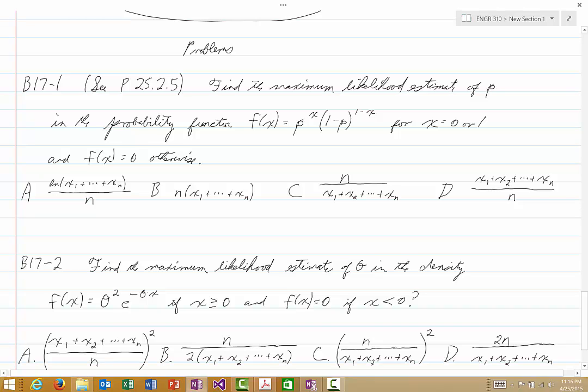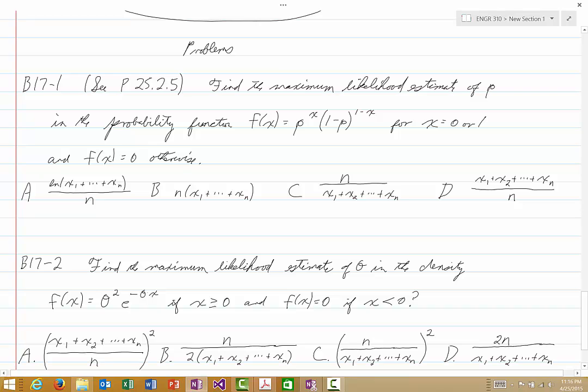Okay, so now we will look at problems for this section. The first one, B17-1, is very similar to problem 25.2.5. And what you are asked to do is to find the maximum likelihood estimate of P in the probability function f of x equals P to the x times 1 minus P to the 1 minus x for x equals 0 or 1, and f of x equals 0 otherwise.